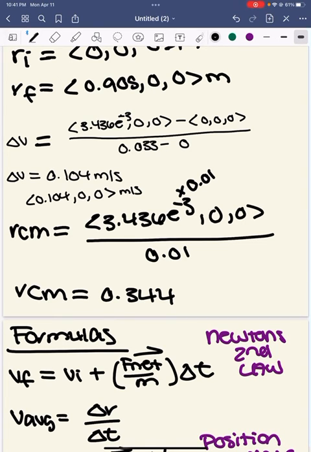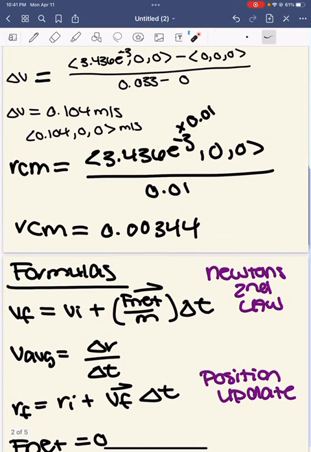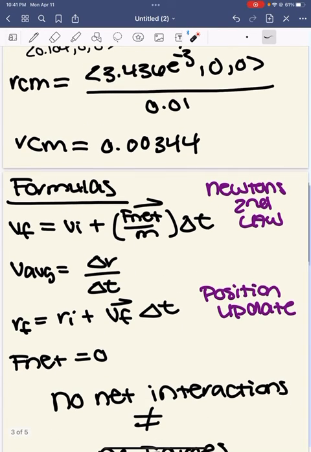I think I just forgot a 0. Yes, so then this should be 0.00344, and that is the center of mass. We can then continue with the formulas.